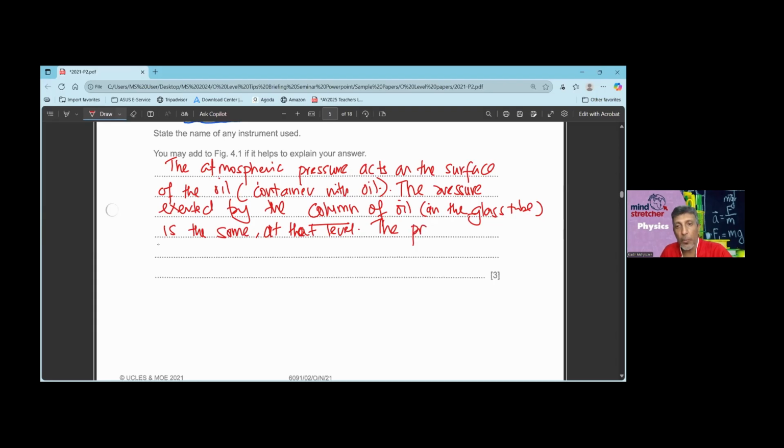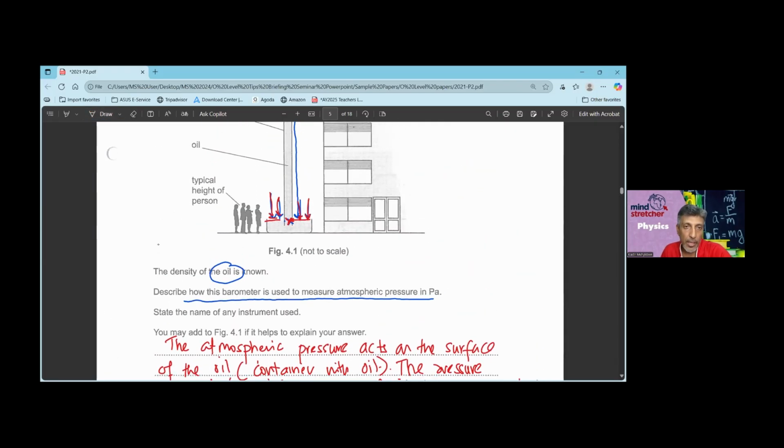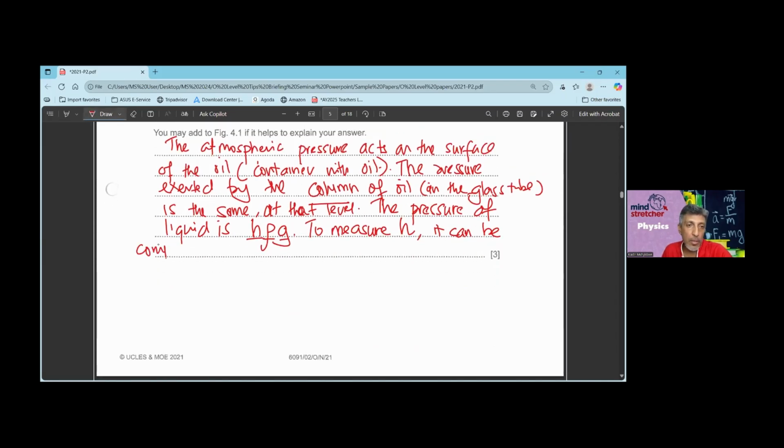The formula for the pressure of a liquid is H rho G. To measure atmospheric pressure, you need to measure H. It can be compared to the height of a man or person, about 1.7 meters.